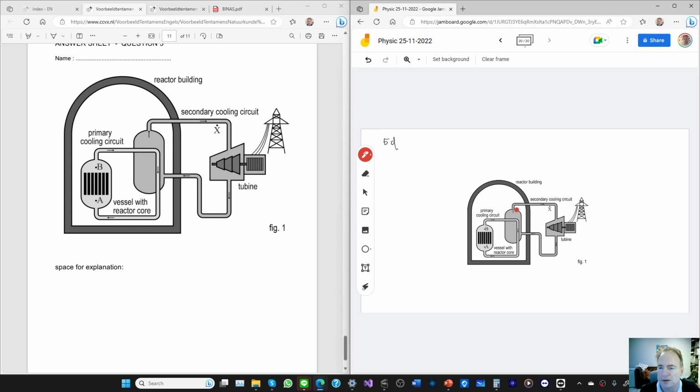So where are these generated? Well, they're generated here in the cooling circuit. So that means that in this heat exchange thing here, there must be some leak. Some of the water from the primary circuit flows over into the secondary circuit.